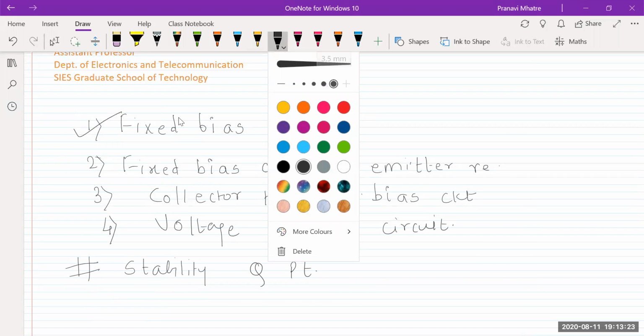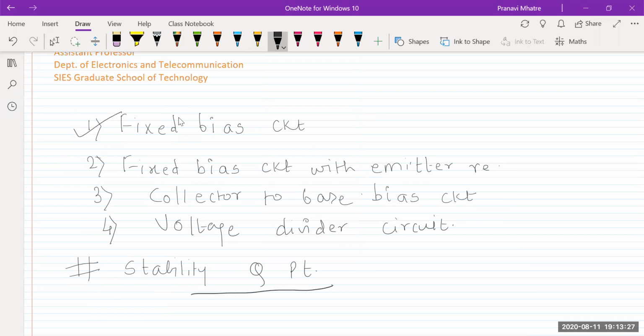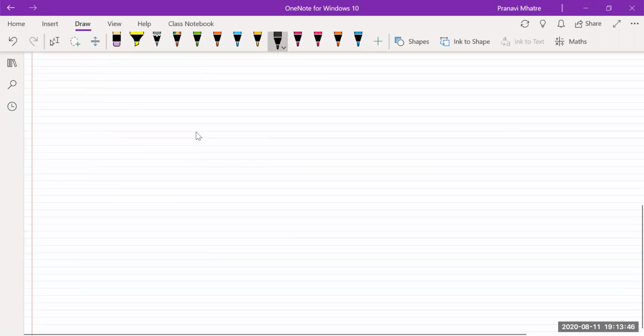To get this stability, we connect resistors in different ways, and depending on the way we connect the resistors, we name the circuit accordingly. The first circuit, which is the topic of discussion for today, is the fixed bias circuit.